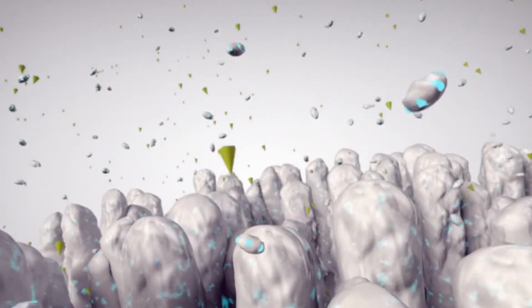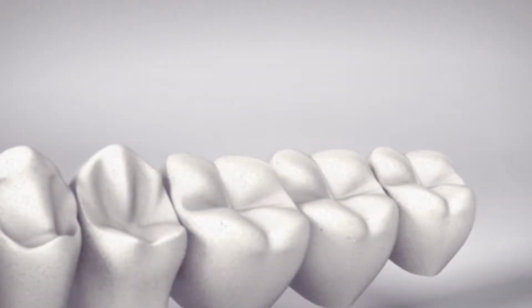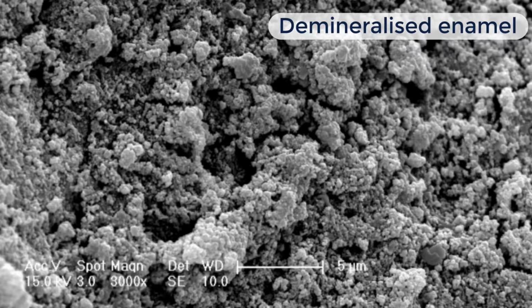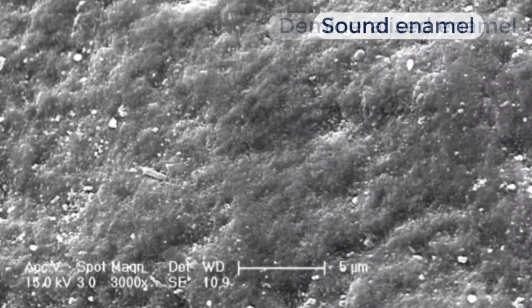What happens is the release of calcium ions, and this causes the breakdown of the structure, which forms little pores where the calcium ions can sit. The good news is, if we can pick it up early enough, we're able to repair that enamel surface using remineralisation therapies.